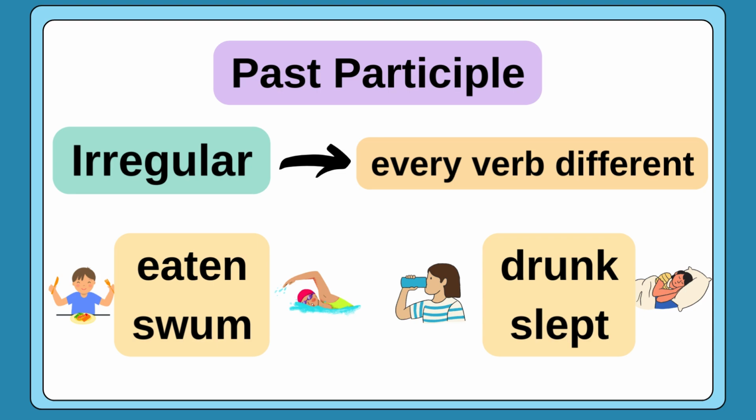The same is for swum. This is the past participle of swim. For drink, the past participle is drunk. For sleep, the past participle is slept. There are many more irregular past participle verbs. It's a good idea to look up the correct one before you use it.